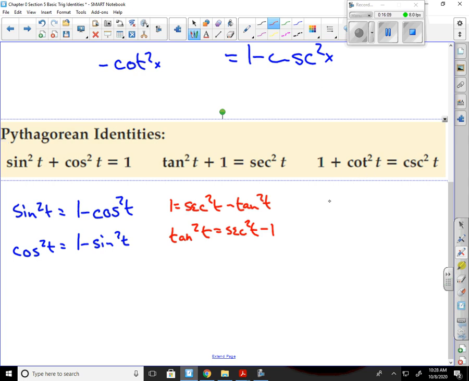Lastly, over here, I could have 1 equals cosecant squared t minus cotangent squared t. Or I could have cotangent squared t equals cosecant squared t minus 1. Sorry, I shouldn't have kept writing.